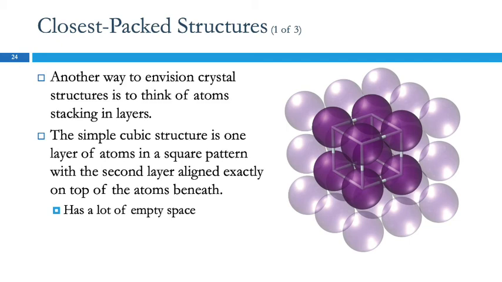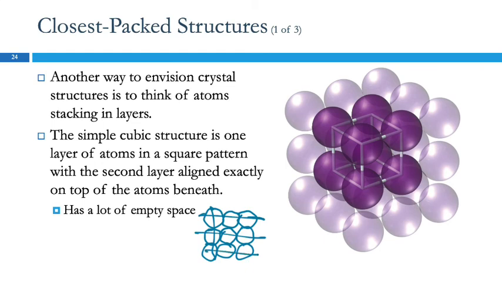We can also look at crystal structures by thinking about the layers of atoms. Like if you're building this solid up, how would the layers be lined up? Well, this is the simple cubic structure, and what we have here are atoms laid out in rows, and they're all lined up on a grid, right?